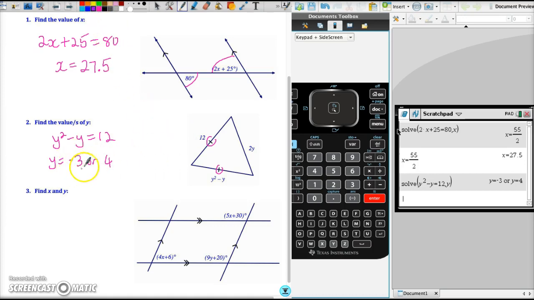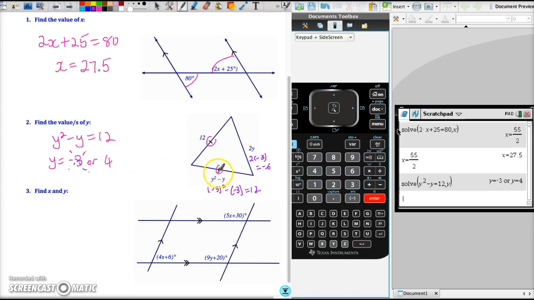If I were to substitute in minus 3 over here, I'm going to end up with minus 3 squared minus 3, which is going to give me an answer of 12, which is perfectly acceptable. But if I were to substitute that minus 3 in here, I'm going to get a length of minus 6, which is of course unacceptable. And so minus 3 has to be eliminated as an extraneous solution.